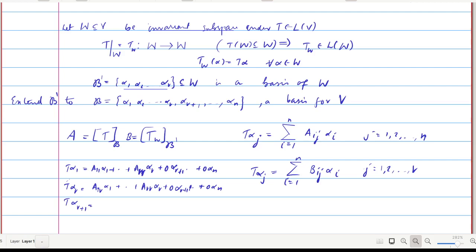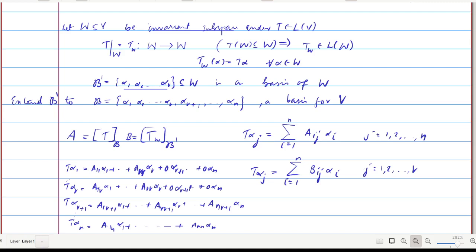T of alpha r plus 1 need not be in this W, so we don't expect the scalars to be 0, so we write all the other things: A_1,r+1 alpha 1 plus etc. A_r,r+1 alpha r plus etc. A_n,r+1 alpha n, and etc. T alpha n is equal to A_1n alpha 1 plus etc. A_nn alpha n.